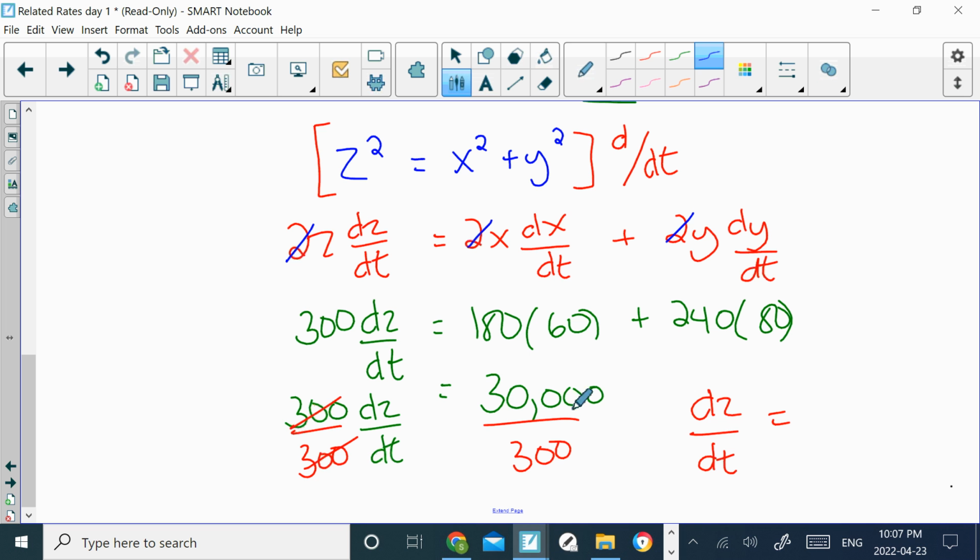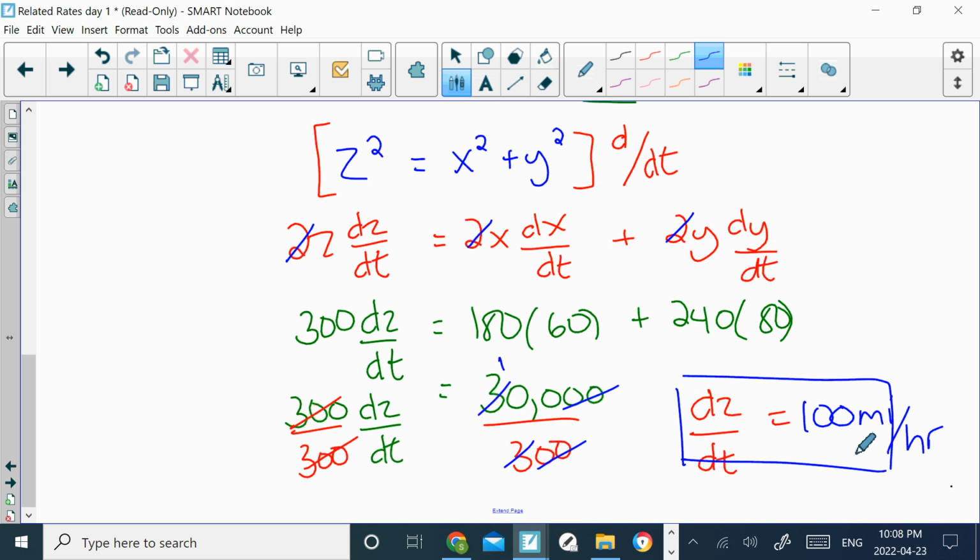And I'm just going to cancel 2 zeros here and 2 zeros here. 3 divided by 3 is 1, so a 1 with 2 zeros, 100. So dz/dt is 100, and our units are miles per hour. And that would be the answer.